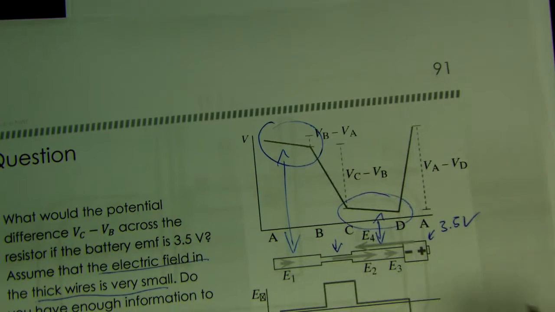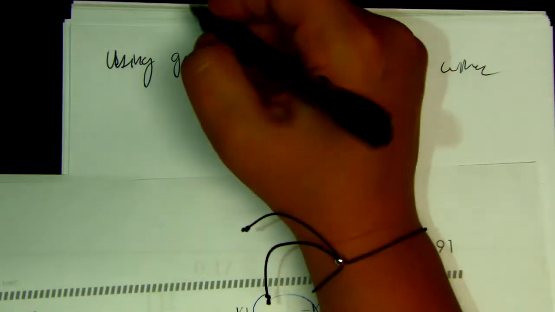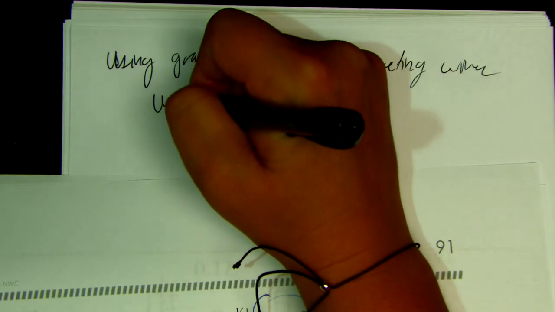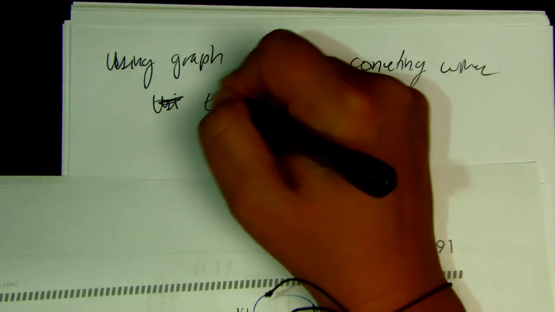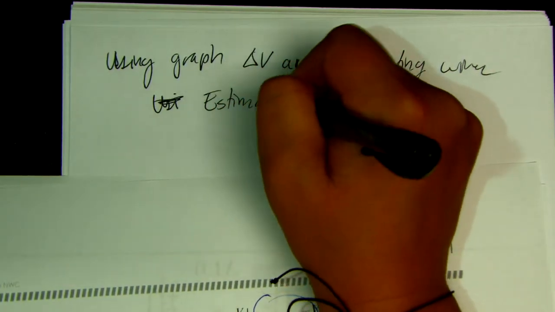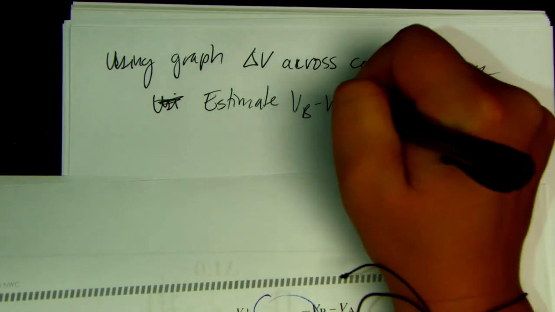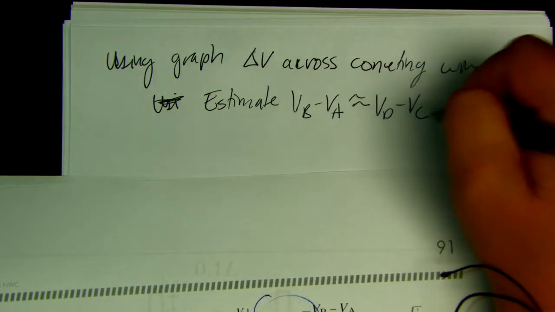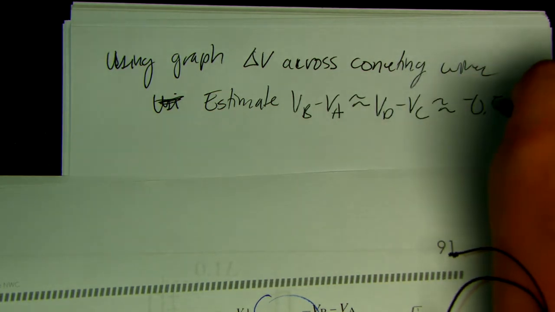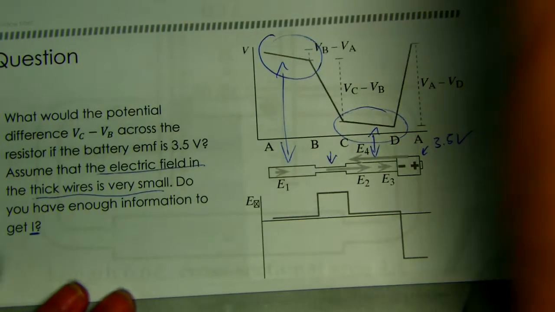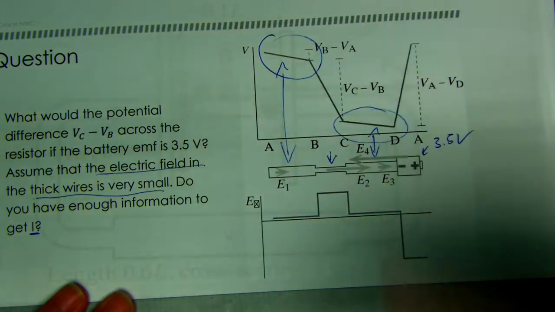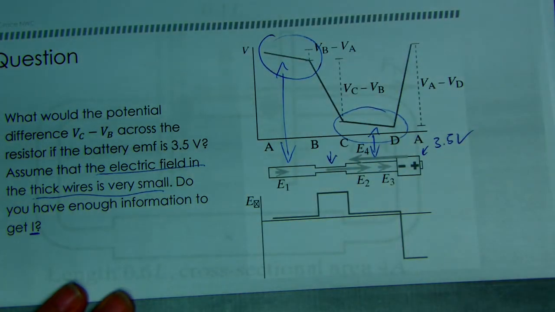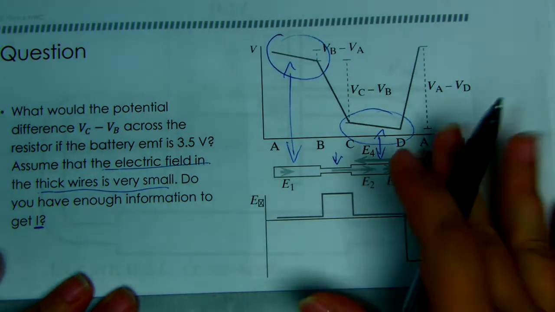If we look at this, we can make a rough estimation. We're going to estimate that VB minus VA is approximately the same as VD minus VC, approximately minus 0.5 volts. We can see they've got a negative slope here. We know it's all going to add up to 3.5. So this is kind of the one hand-wavy portion.